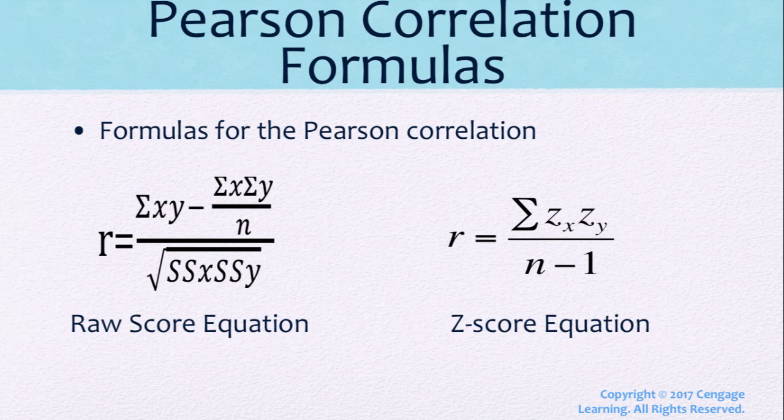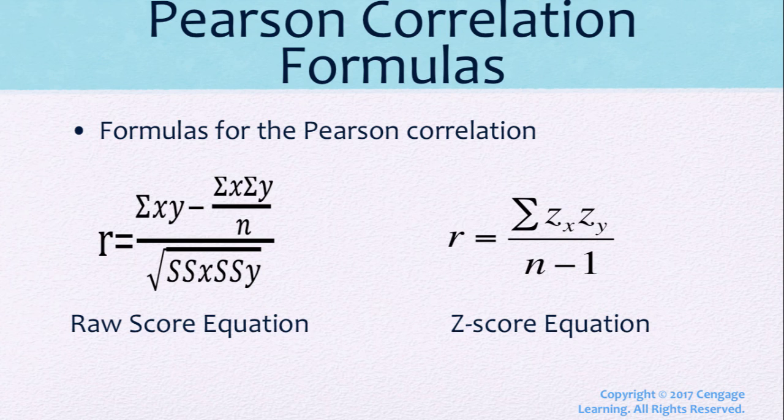And so there are two potential formulas that we can utilize for Pearson's r. Now there are variations of each of these formulas, mind you, but on your left there's the formula for Pearson's r for your raw scores, and on your right the formula for your z-scores, right?